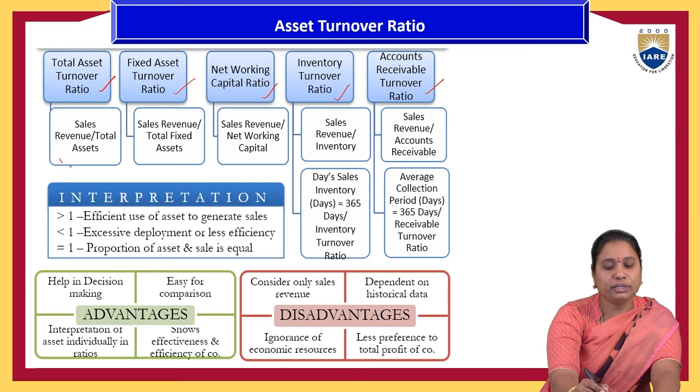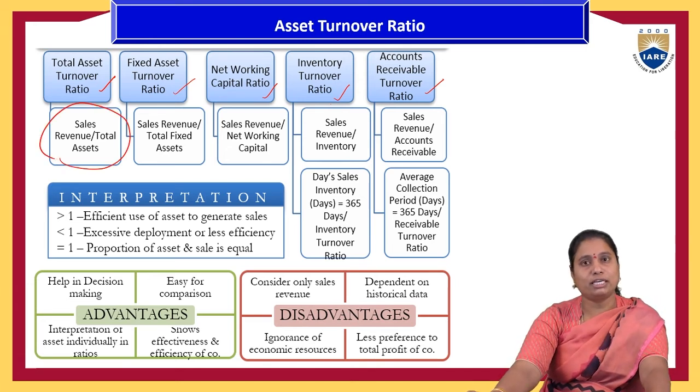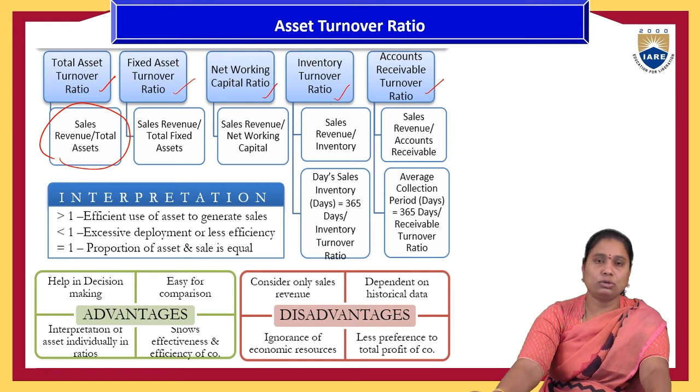The respective formulas: total assets turnover is sales revenue divided by total assets; for fixed assets, sales revenue divided by total fixed assets; for net working capital, sales revenue divided by net working capital.